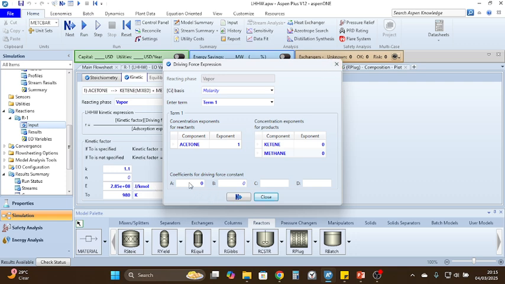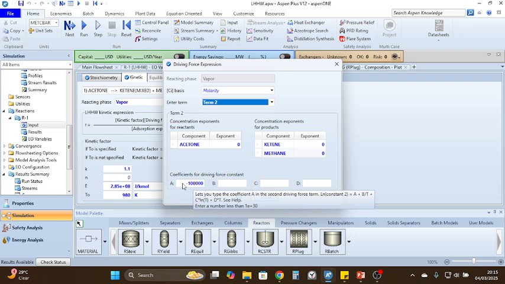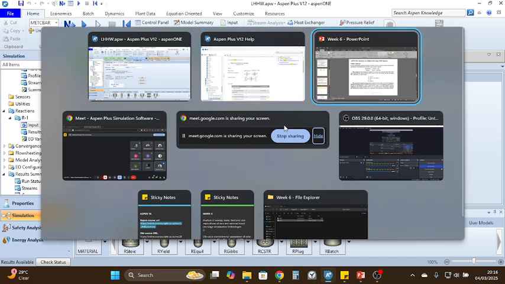We are just setting those values to calculate the first term of our driving force. Since term 2 is not there, we are setting this A value as a very high negative value. Why are we setting it like that? So that the second term's effect on the reaction rate is negligible. That is why.